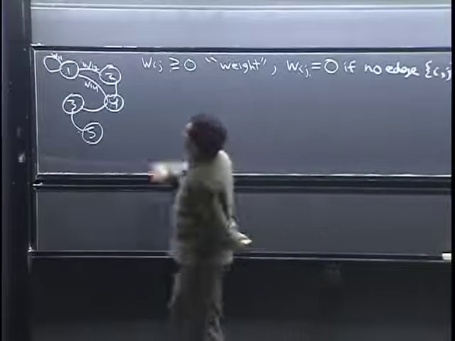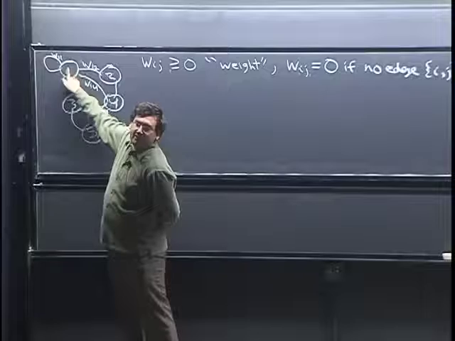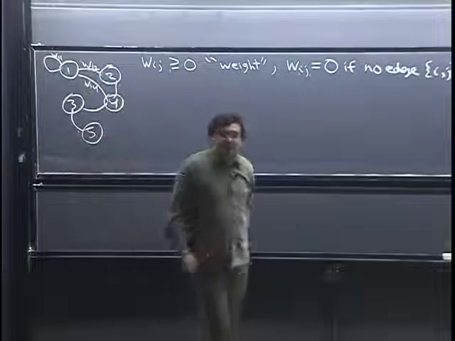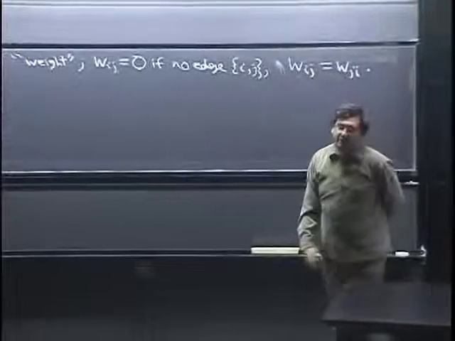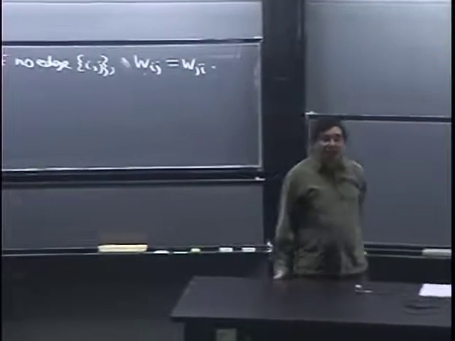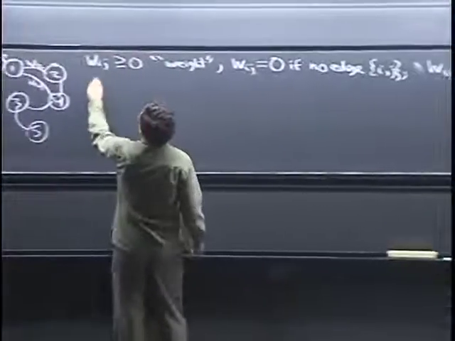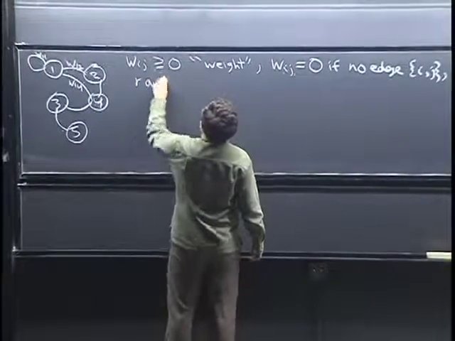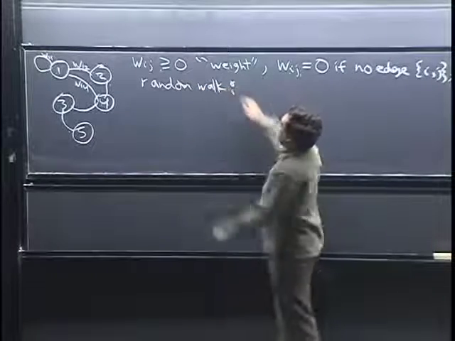But I'm not allowed to write one number that applies going this direction and another number that applies this direction. So it's the same number. So we may as well just express that as a symmetry condition, Wij equals Wji. And now the way the random walk proceeds is, here's our random walk, analogous to what we did before, except we're generalizing it with these weights.